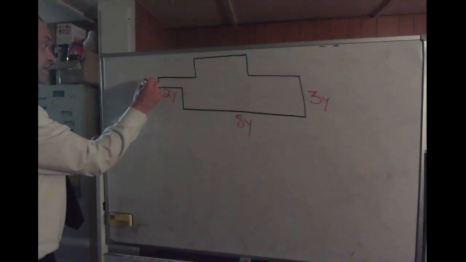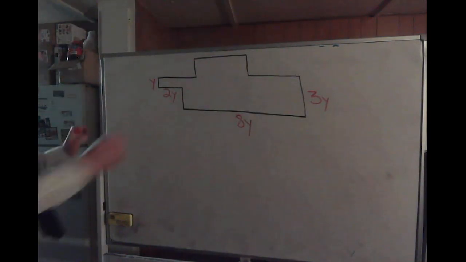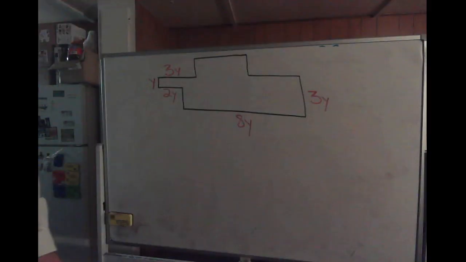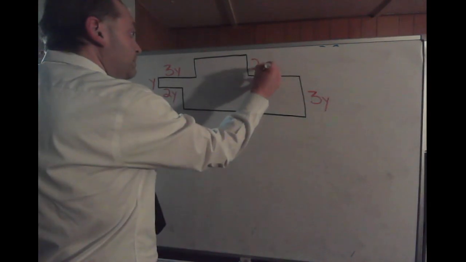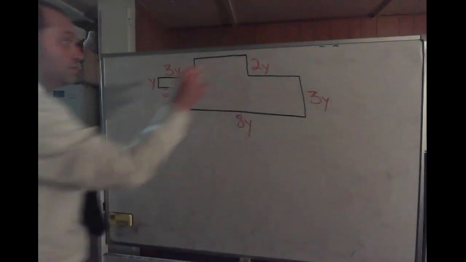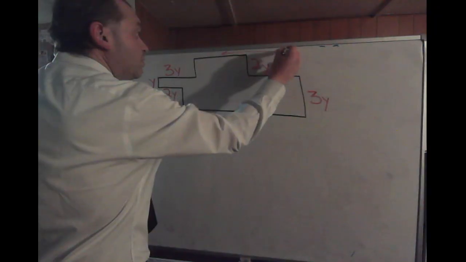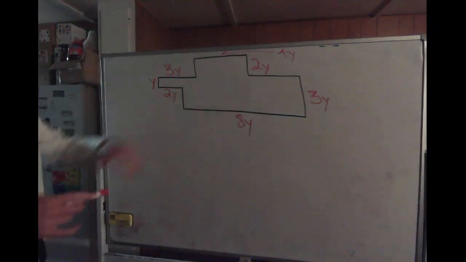This length here is y. This length here is 3y. This is 2y. Now up top here we have a length of 4y. We need to find the area of this whole mess.